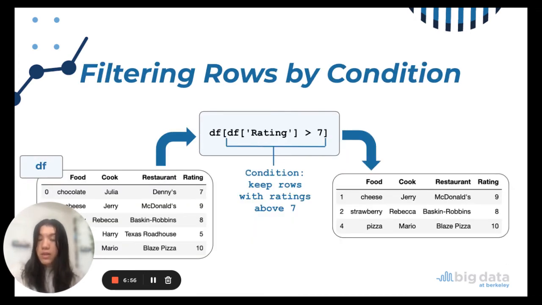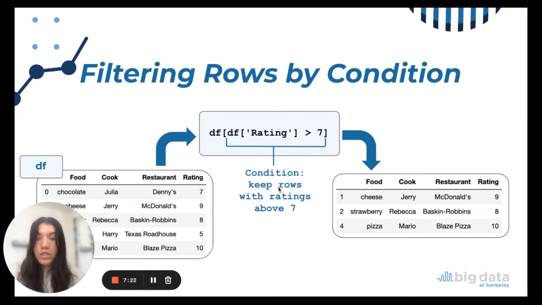Another table function we are going to learn is filtering. We can filter rows by certain conditions. We pass a Boolean argument into our data frame and it returns only rows that fulfill that condition. In this example, we're going to find only the rows that have a rating greater than 7.